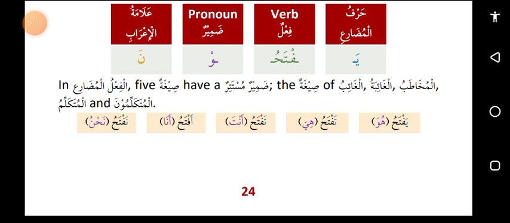When you say huwa yaftahu, or hiya taftahu, or anta taftahu, or ana aftahu, or nahnu naftahu, these are the damair mustatir. Like when someone says yaftahu, it means yaftahu huwa, or huwa yaftahu, right?